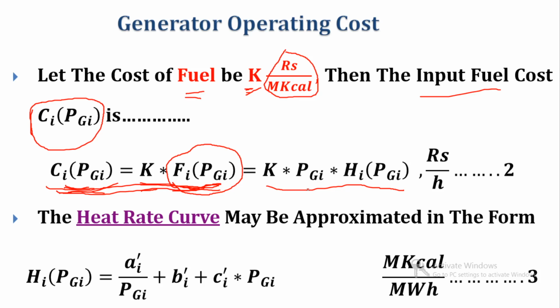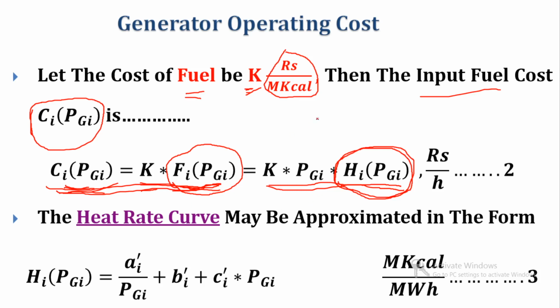Final cost will be K into Pgi into Hi of Pgi. Now we have to find the value of Hi of Pgi. Hi of Pgi is nothing but the heat rate of the ith unit.